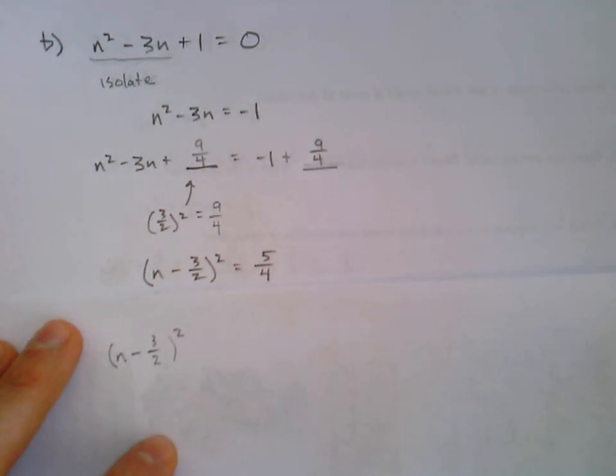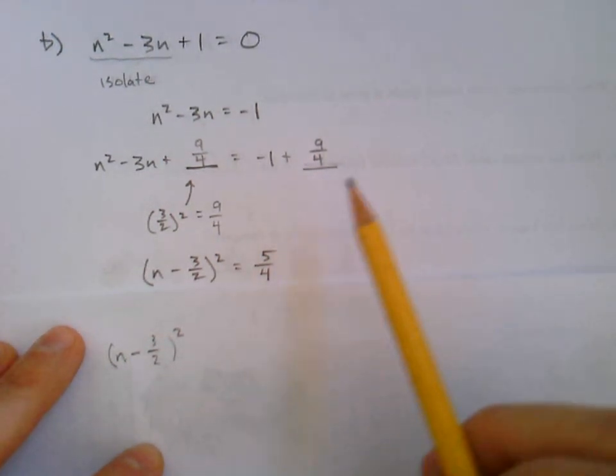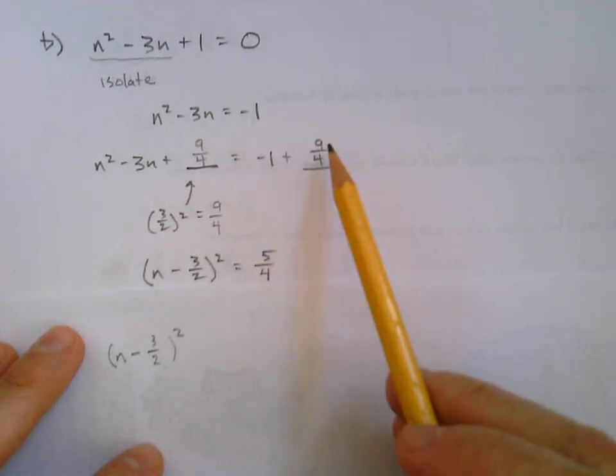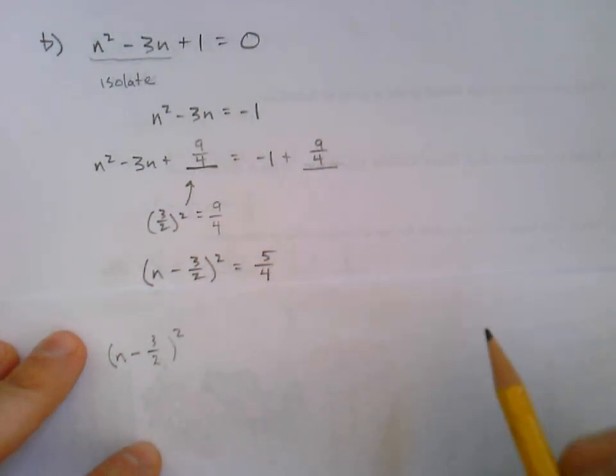Okay. Oh, a lot is going on. So I'm trying not to go too fast. But slow it down, stop it, of course, at any time. In the same step, let's simplify here. Turns out negative 1 plus 9 over 4 is 5 over 4.